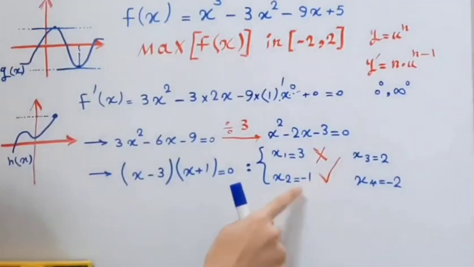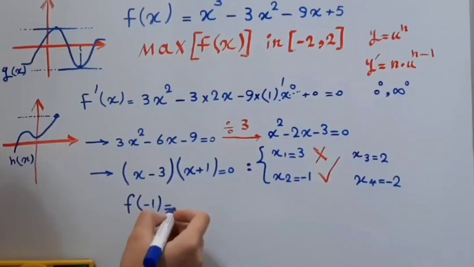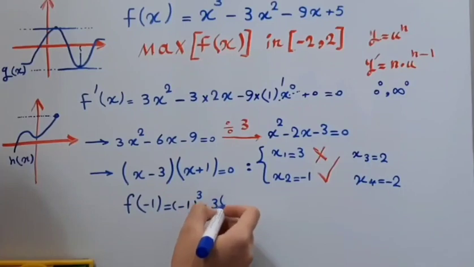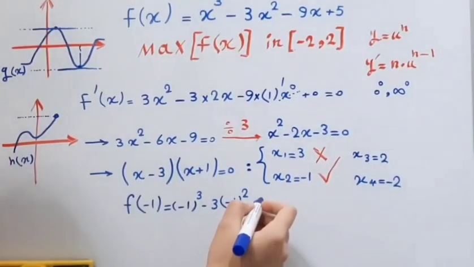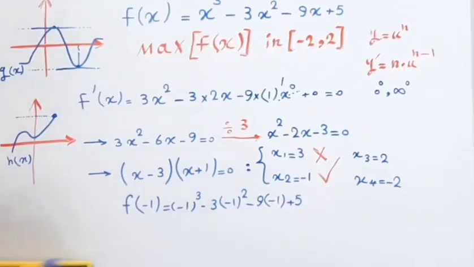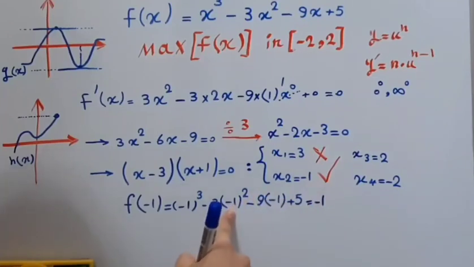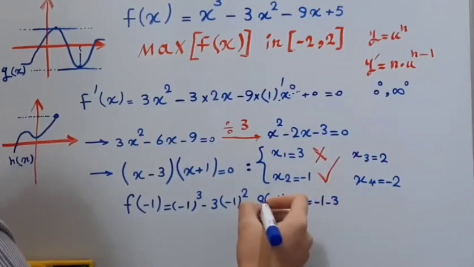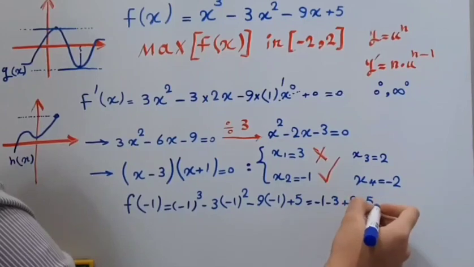So let's start with minus 1. F of minus 1 is going to be minus 1 to the power 3 minus 3 multiplied by minus 1 to the power 2 minus 9 multiplied by minus 1 plus 5. So this is minus 1, this is 1, this is minus 1, and plus 9 and plus 5.